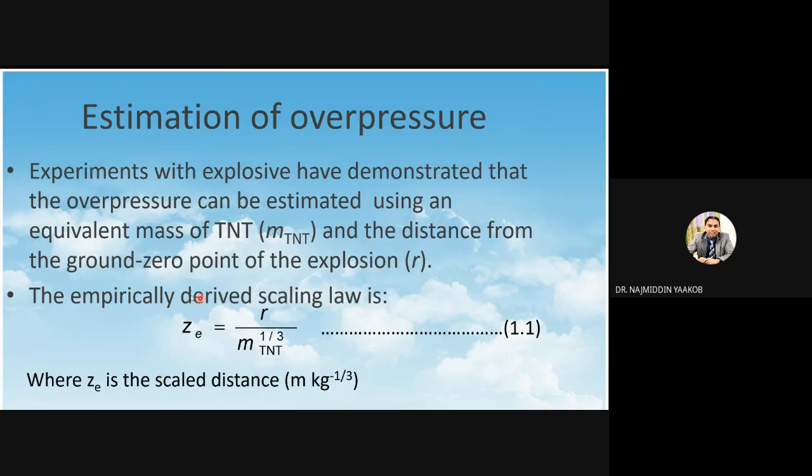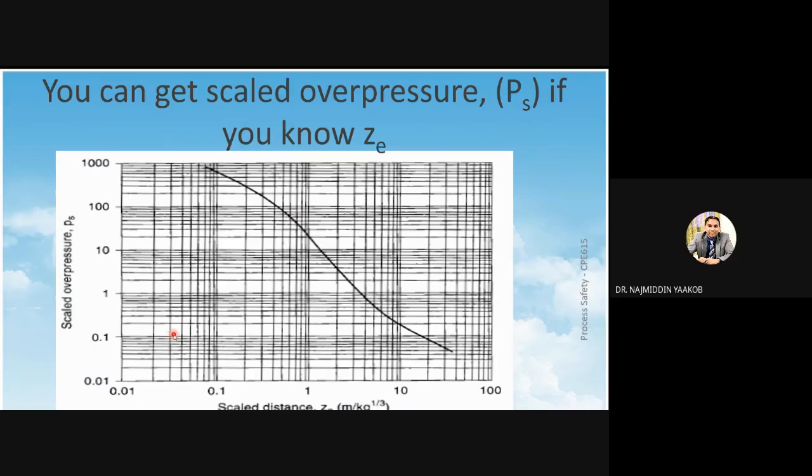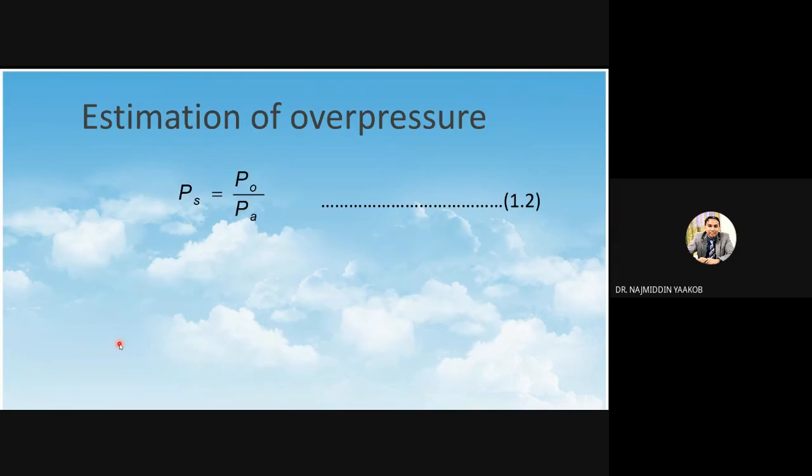So we want to know the Z_E, right? When you calculate the Z_E, using this graph, you know the Z_E, so you can determine the P_s, the scaled overpressure. When you know the scaled overpressure, you can calculate the peak overpressure, P_o.